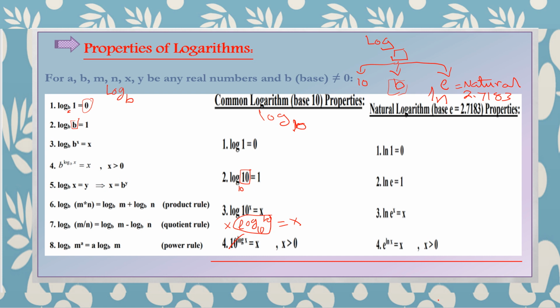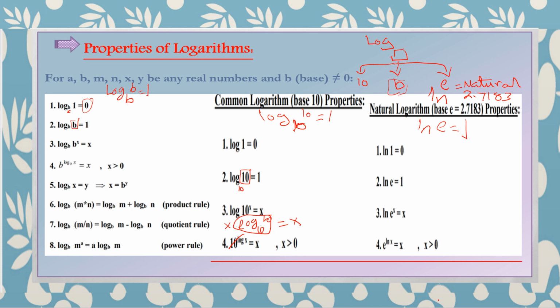As you see here, log b of b equals 1, and log 10 of 10 equals 1, and ln of e equals 1. So when the base is the same as the number that we want to take the logarithm of, it equals 1.